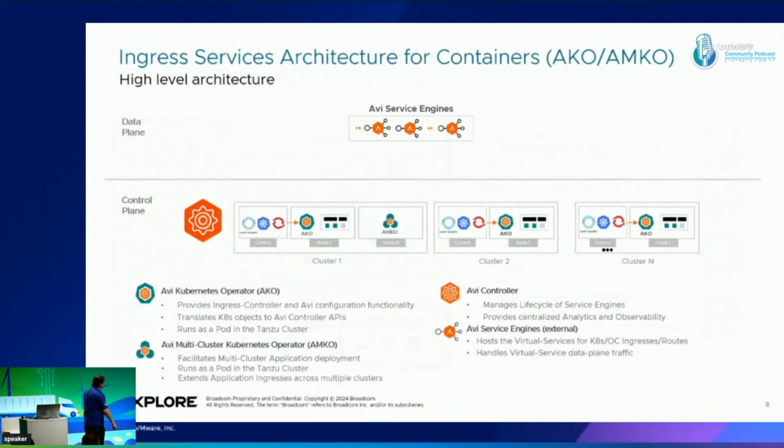And when you're starting this, what is the different concept in the case of AVI? There are several projects in the CNCF for load balancers that create pods inside the Kubernetes cluster. In that case, the load balancer competes for resources with the rest of the pods, the applications.